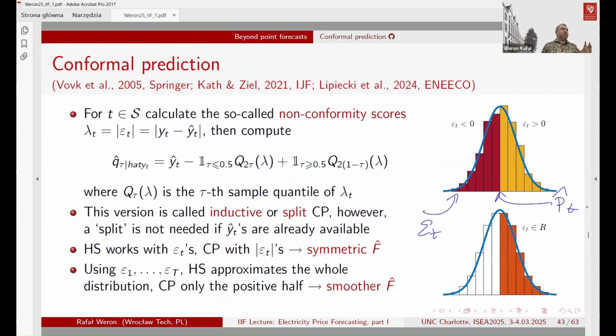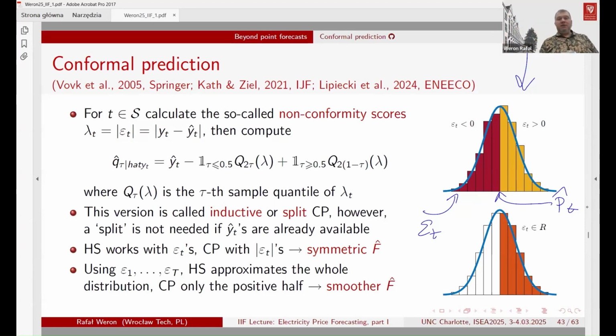Now, something which is related but comes from the machine learning or computer science literature is conformal prediction. When you look at the original papers, maybe it's hard to grasp at first, but really what is happening is illustrated here in those two histograms. In historical simulation, as I said, you build a histogram of epsilon t's.